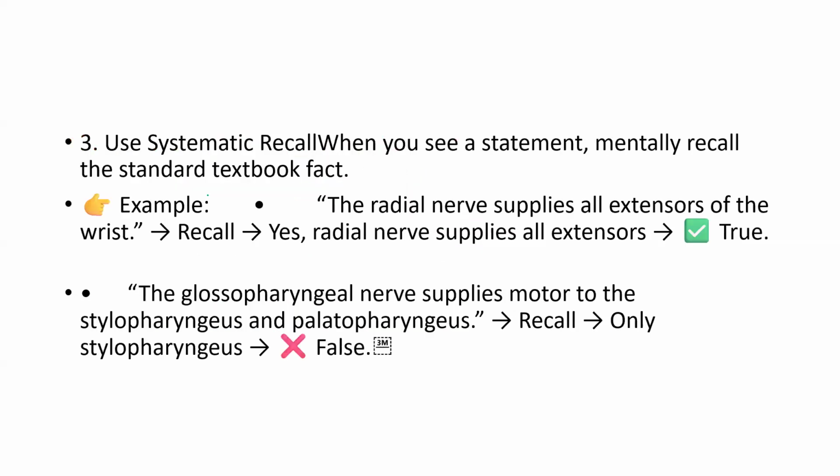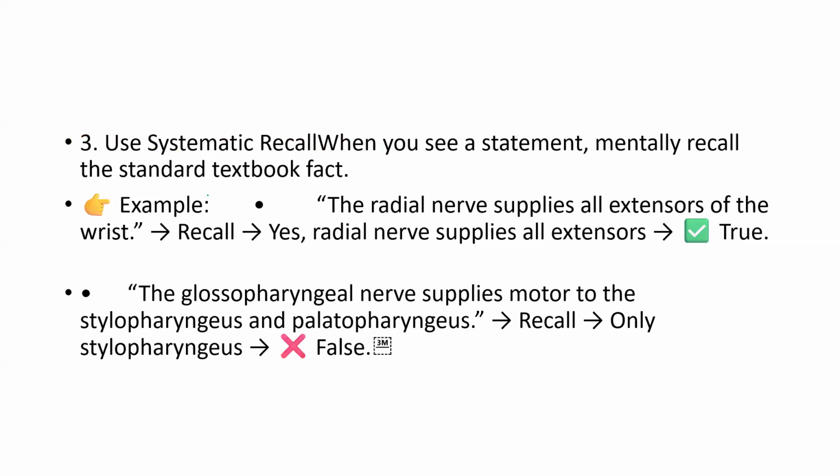If you are given an MCQ, use some systematic recall mentally to identify whether it is correct or not. For example, the radial nerve supplies all the extensors of the wrist. Recall, yes, the radial nerve supplies all the extensors.